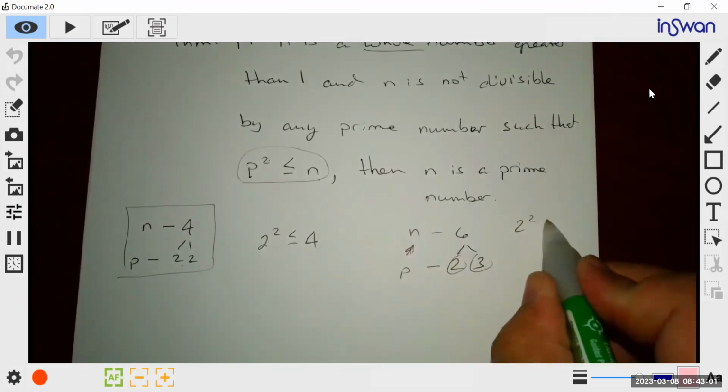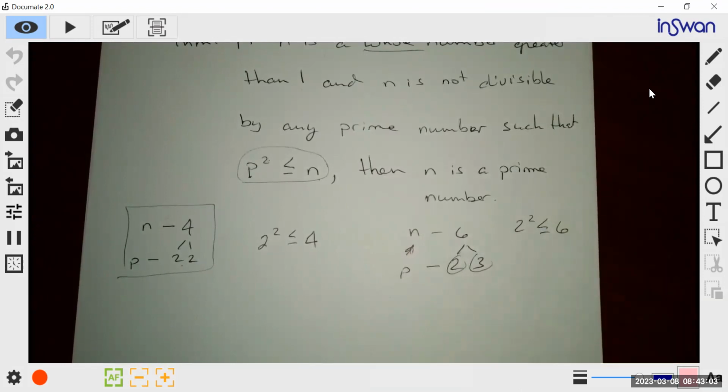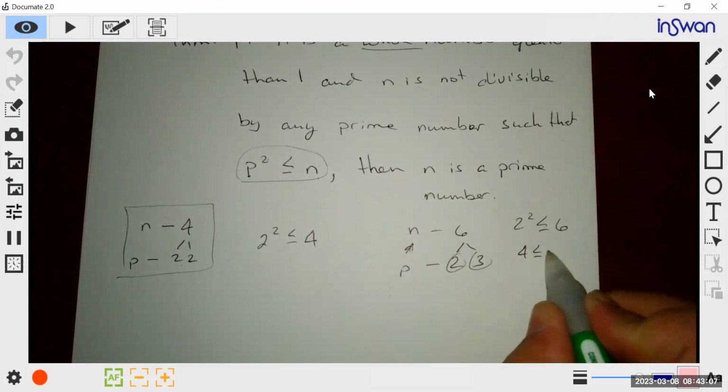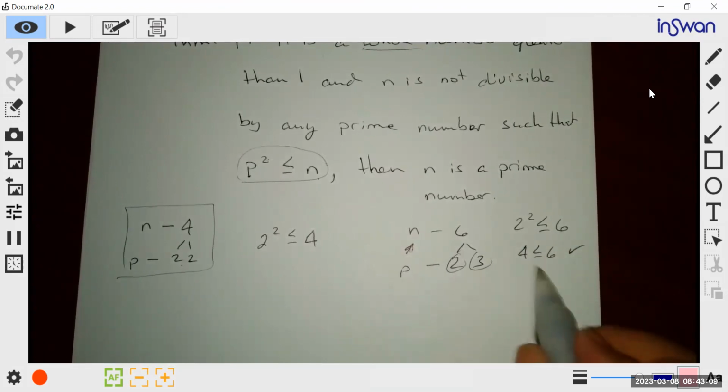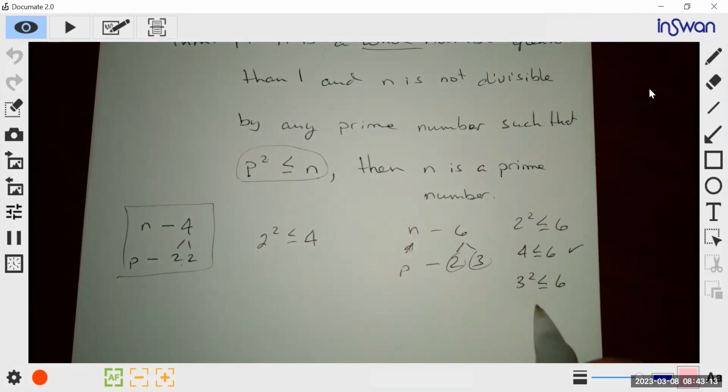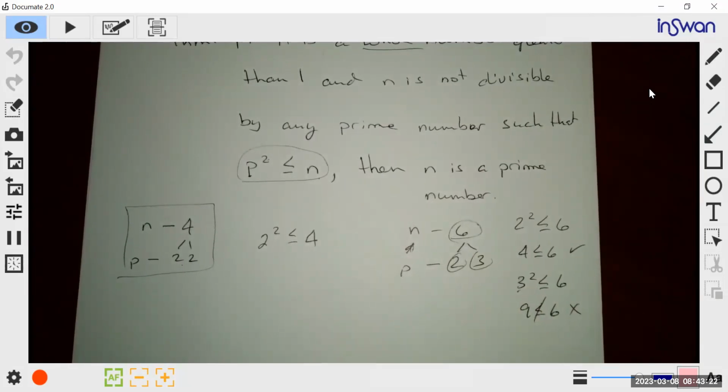Is 2 squared less than or equal to 6? Yes. How about 3? Is 3 squared less than 6? 3 squared is 9. No. So therefore, 6 is not a prime number. This is how you can tell.